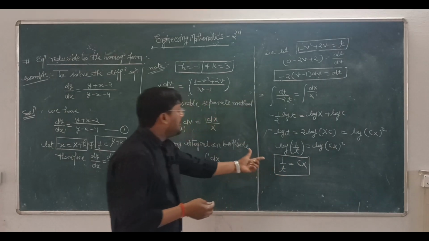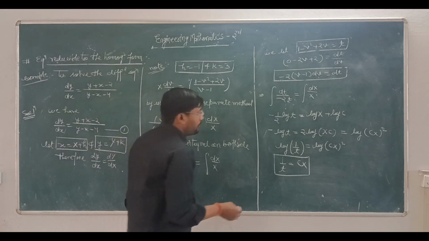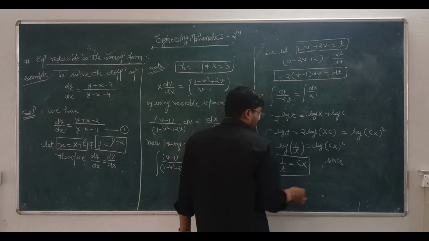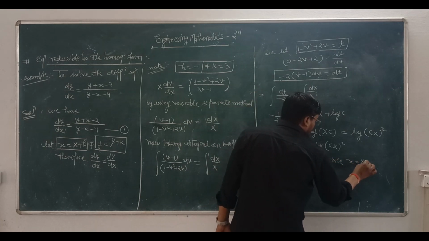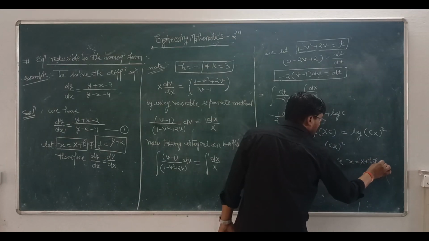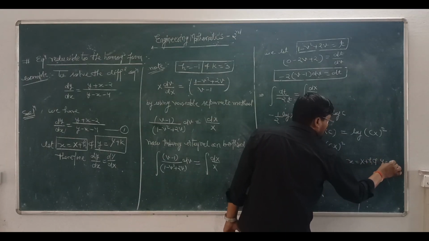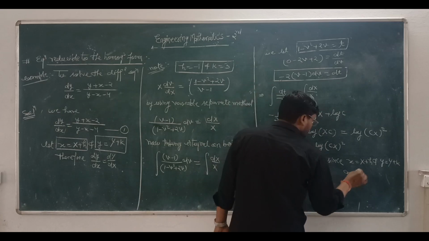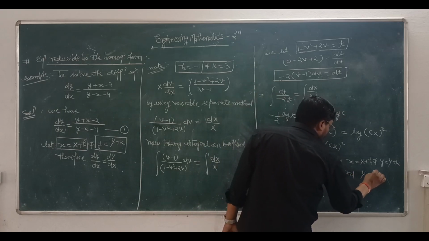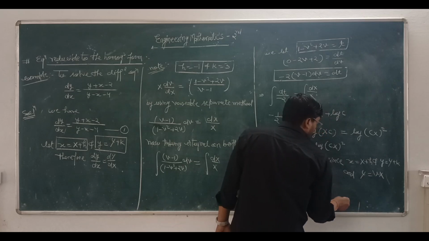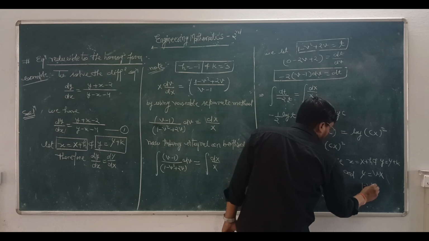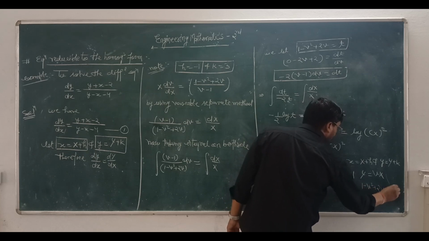Now you can put all the values of this. Since small x is equal to capital X plus h and small y is equal to capital Y plus k, and I have let capital Y is equal to v capital X and 1 minus v square plus 2v is equal to t.